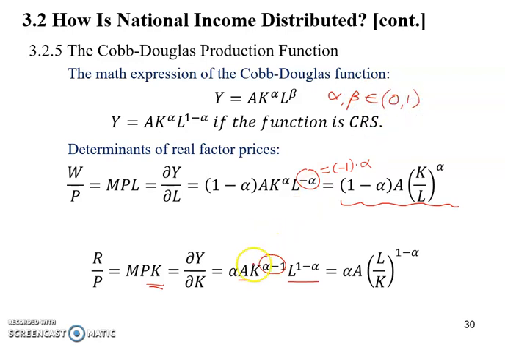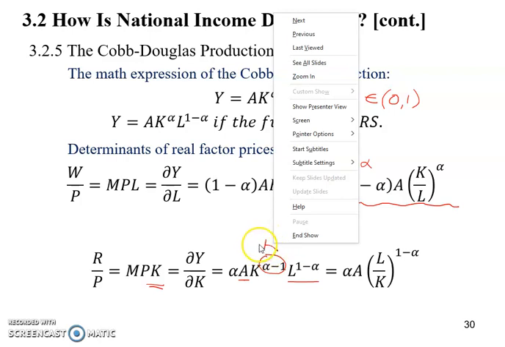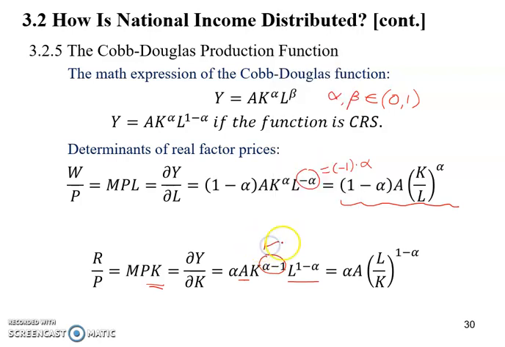So alpha minus 1 would be negative. Then K to the power of alpha minus 1 equals K to the power of minus (1 minus alpha).